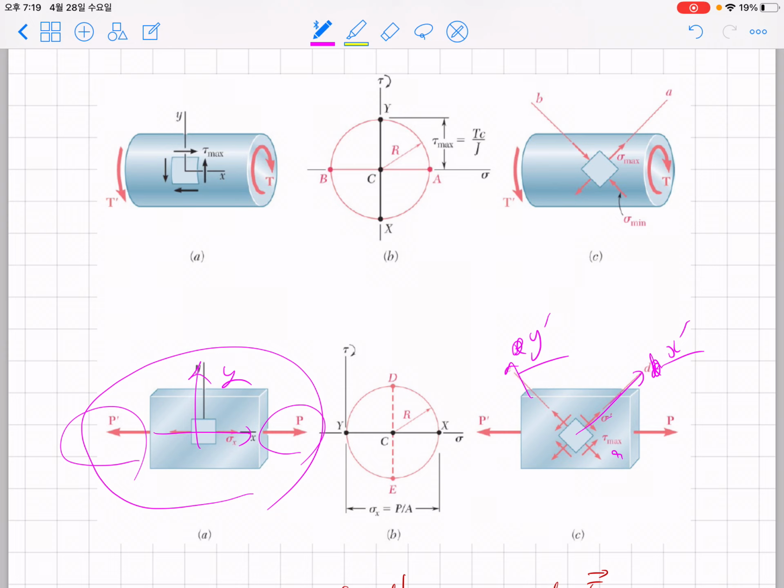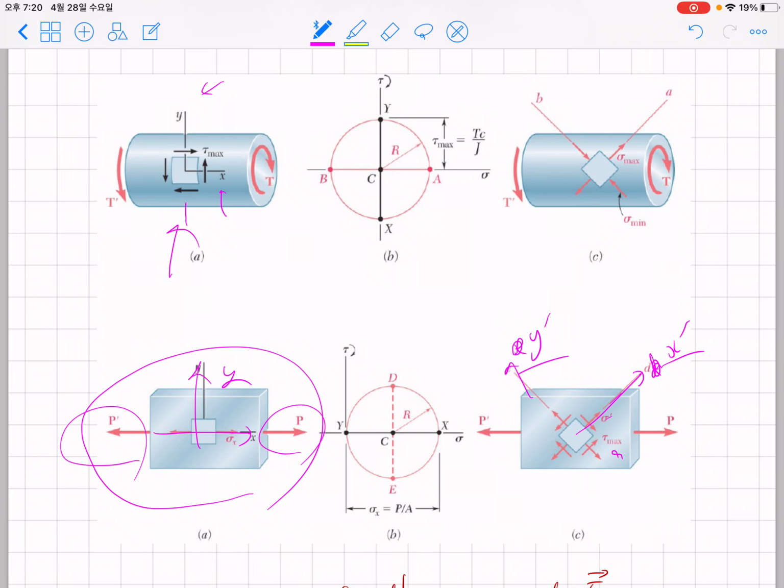Okay, and the same thing can also be seen in our pure torsion problem in chapter 3. For this pure torsion problem, if we take the x and y coordinate system in this way, we don't have any normal stress component, and we have pure shear stress.